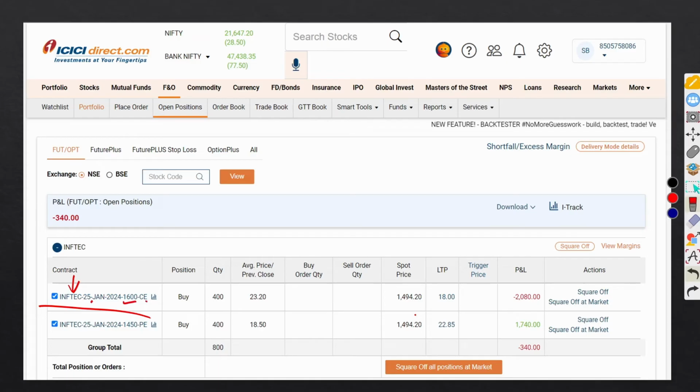So basically I have purchased a call and put spread. The reason is a fund manager also applies the same logic, purchasing a spread which is call and put. Why? Because I'm not sure whether this particular stock will offer any profit or loss. So if you see, in the call I have a loss, and in the put I have a profit.